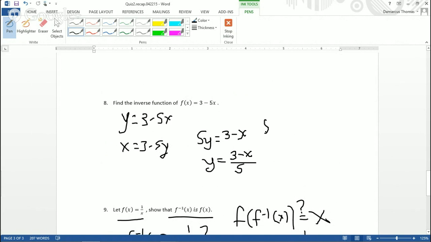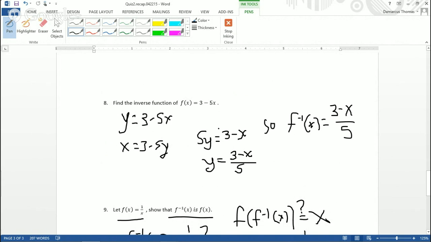And so I would now say, so f inverse of x is equal to 3 minus x over 5.